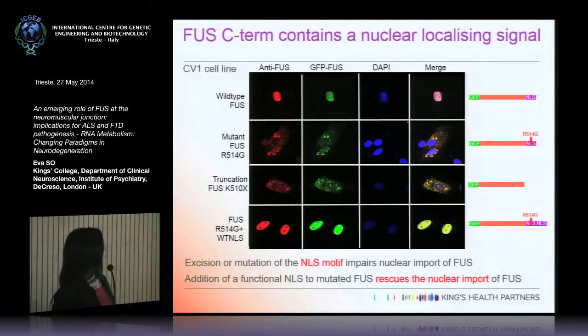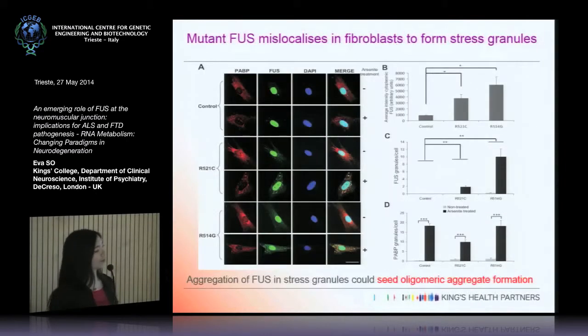So this shows that mutation or deletion of the NLS caused impairment in nuclear import of FUS, and that when we add the functional NLS back to the mutant FUS, it rescues these phenotypes. And we further show that the mutant FUS mislocalizes in fibroblasts to form these stress granules.